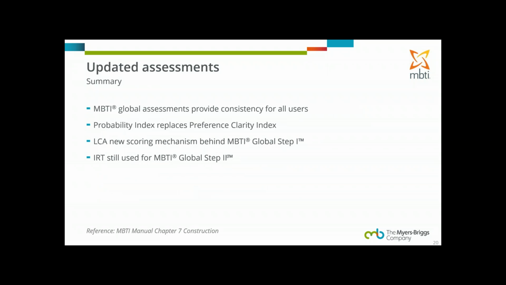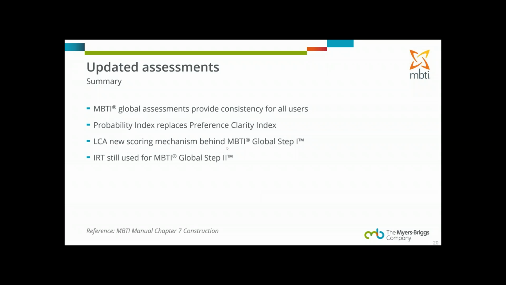So the beauty of the assessments is that they provide consistency for all users. At present, if you're in Europe, you get a different assessment and a different report than you get in the rest of the world. I think that the probability index, which is replacing the preference clarity index, is a big improvement in terms of its interpretation. Again, it means literally the likelihood of getting the same result on retest.